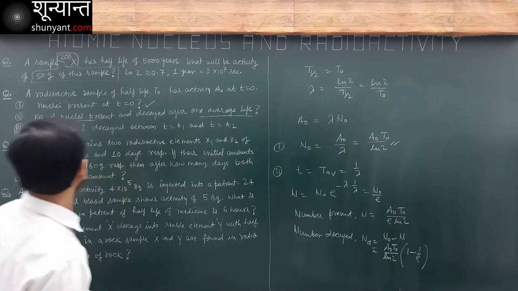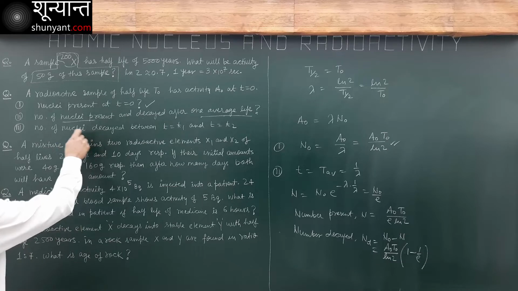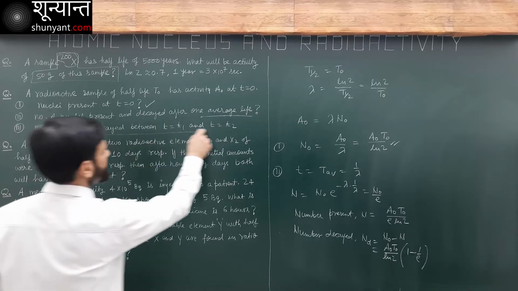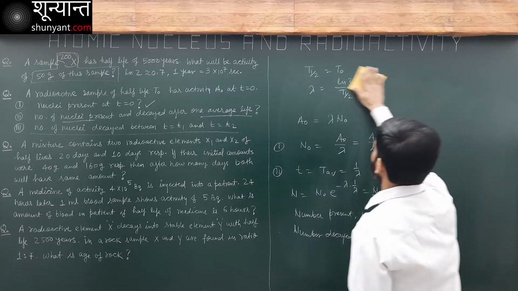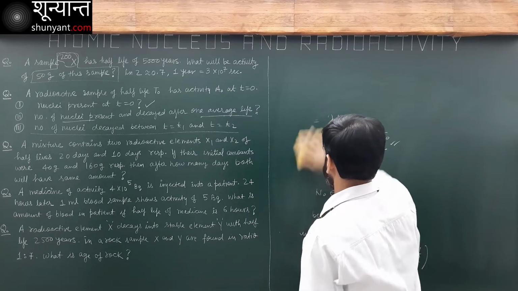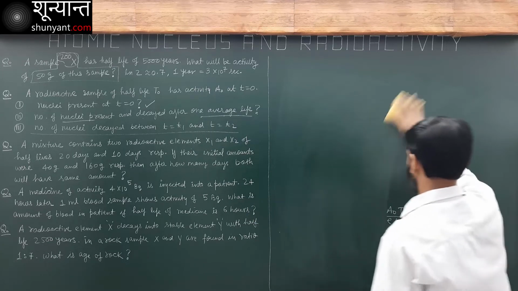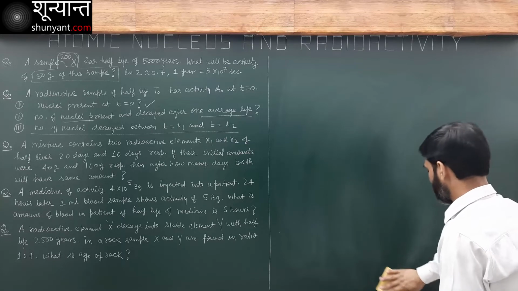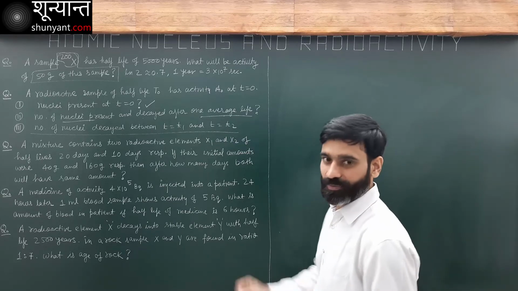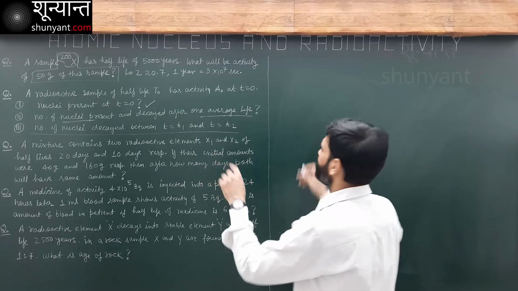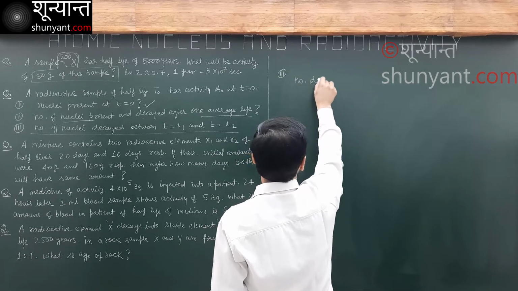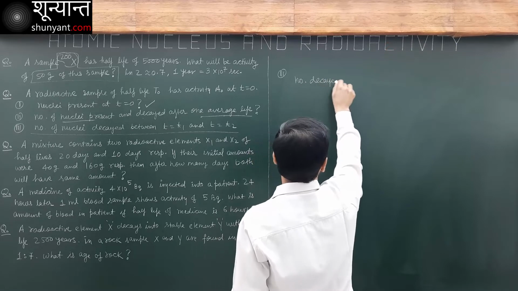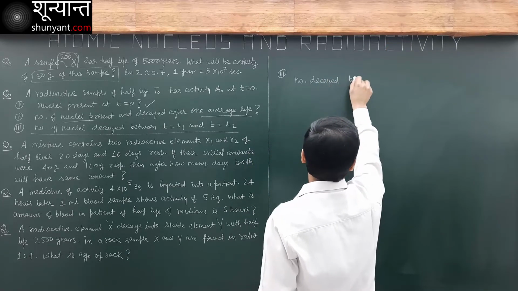Now, number of nuclei decayed between t equal to t1 and t equal to t2. This is going to be a little confusing. How many nuclei have decayed between T1 and T2? The third question.